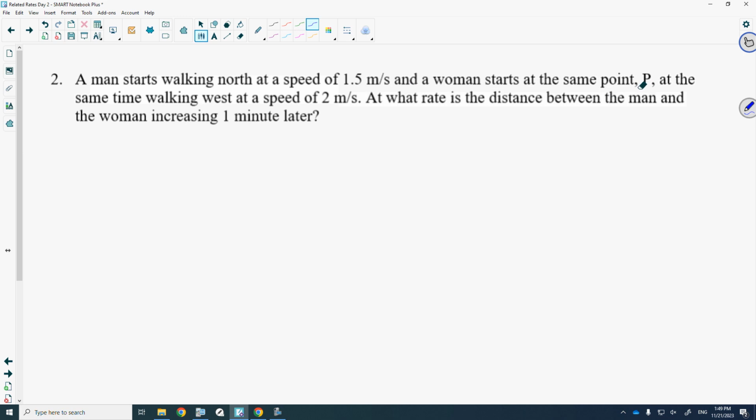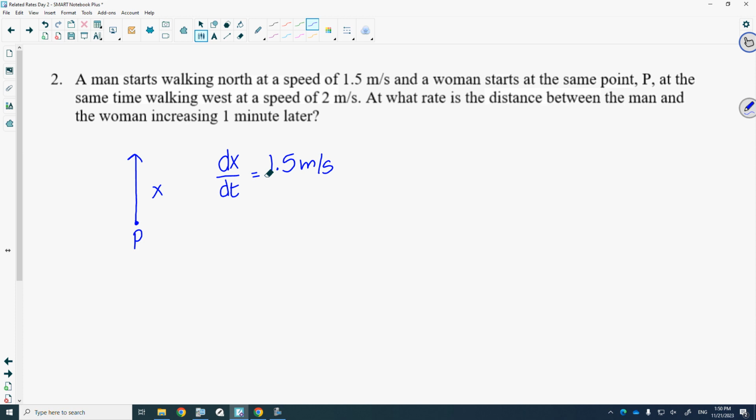So we're going to have a point P. Let's draw him going north. We have to pick a variable to represent the distance that he walks. So let's pick the variable x for the man. And he's walking at a speed of 1.5 meters per second. So I'm going to say dx over dt, the rate at which he's walking away from the origin, is 1.5 meters per second.